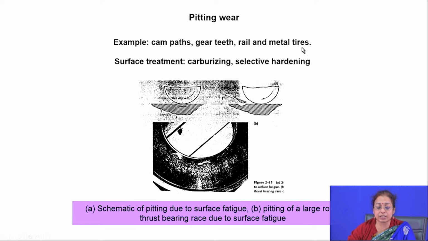If you see these cases you will find that in all of them the component is subjected to heavy load which is compressive and zero in nature, that is fluctuating, and there is also a sliding phenomenon. So sliding movement is there, in addition to the compressive-zero kind of loading. Because of compressive and zero loading there is subsurface crack initiation at the point of discontinuity.